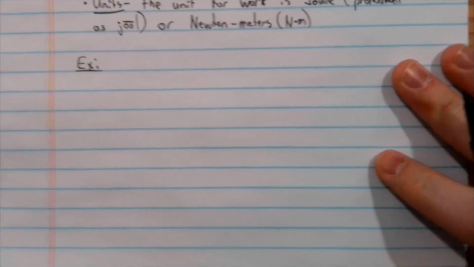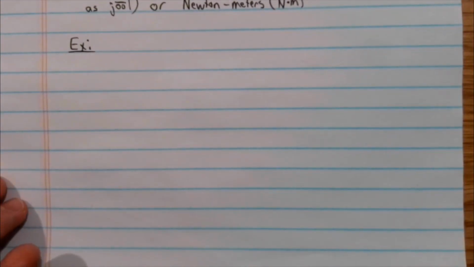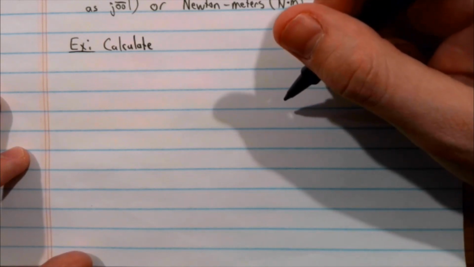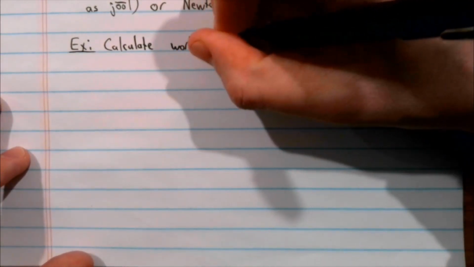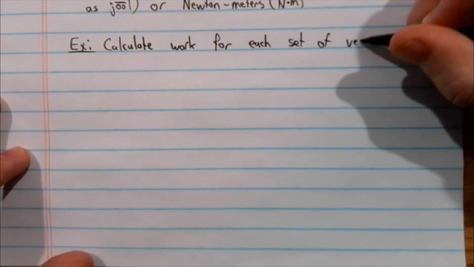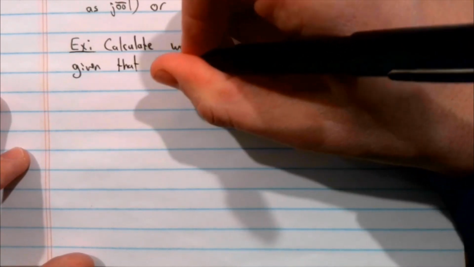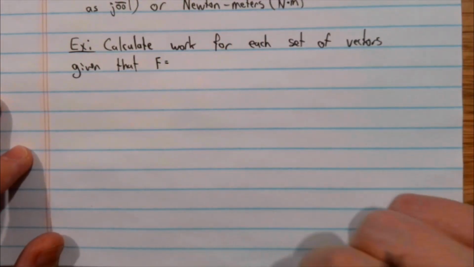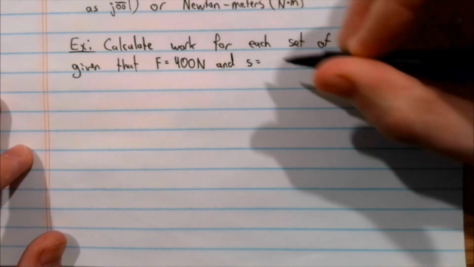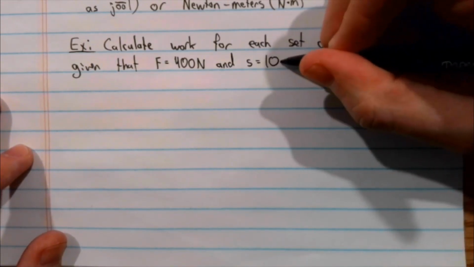The prompt for this example is: calculate work for each set of vectors given that F equals 400 newtons and S equals 10 meters.